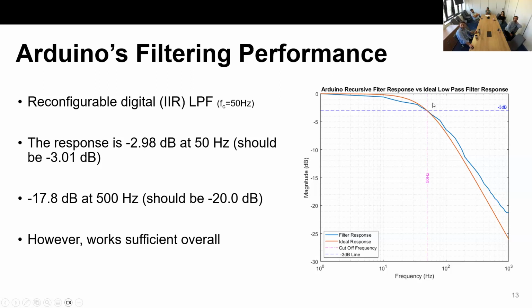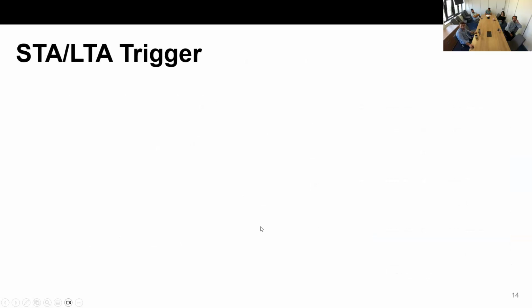As you see, at cutoff it is giving almost minus 3 dB, which is nearly perfect, but the disparity increases at higher frequencies. For 500 Hz, it's almost minus 18 dB, which is not perfect, but it serves the purpose.